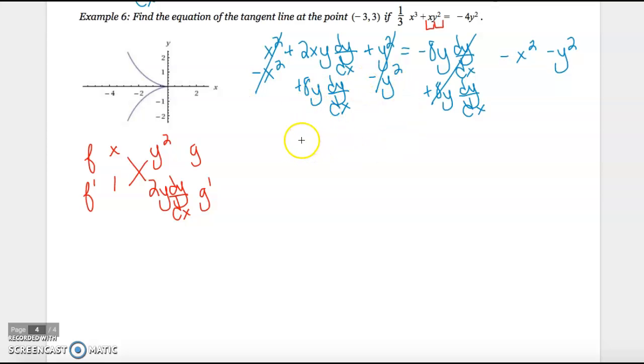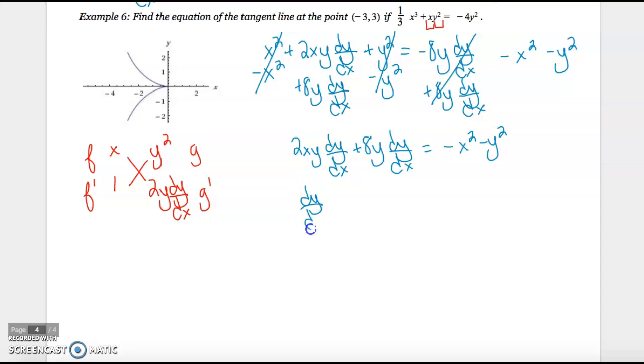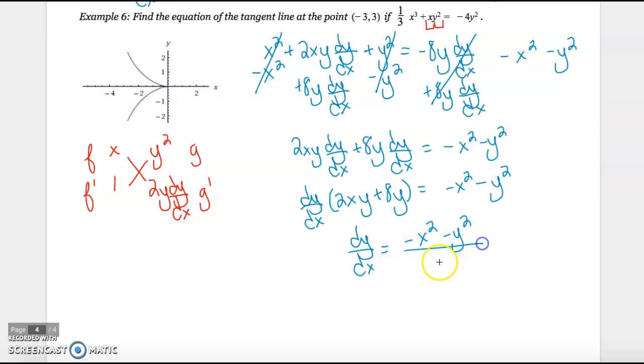So on the left-hand side, I'll have 2xy dy dx plus 8y dy dx equals negative x squared minus y squared. Pull that dy dx out as a GCF: 2xy plus 8y. The last step is to get dy dx by itself. You divide both sides by 2xy plus 8y. So dy dx would be negative x squared minus y squared over 2xy plus 8y.